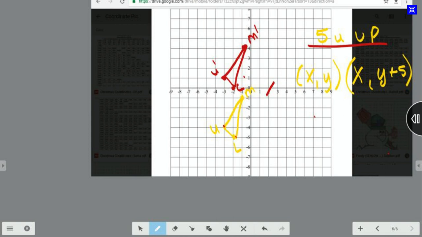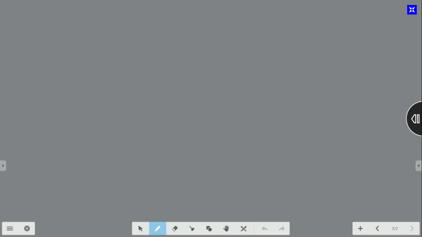All right. I am going to go flip the paper over. Q, 0, negative 1. 2 left, 1 down.